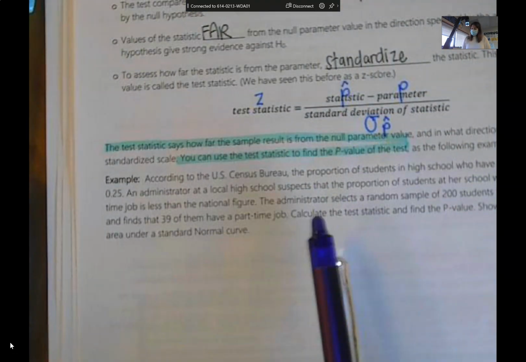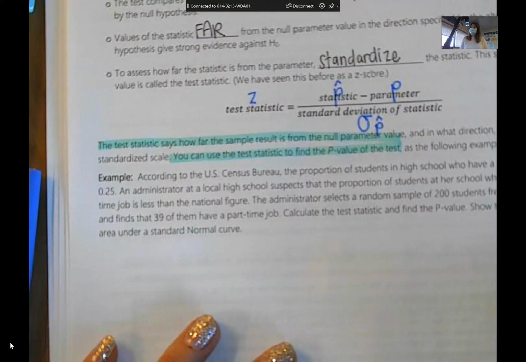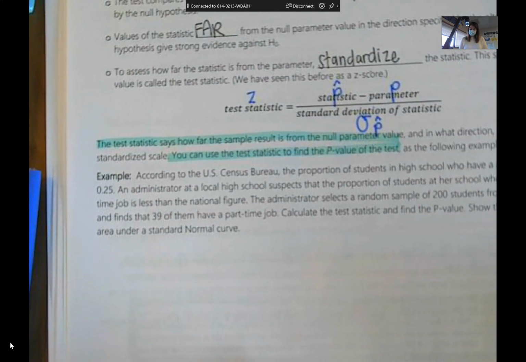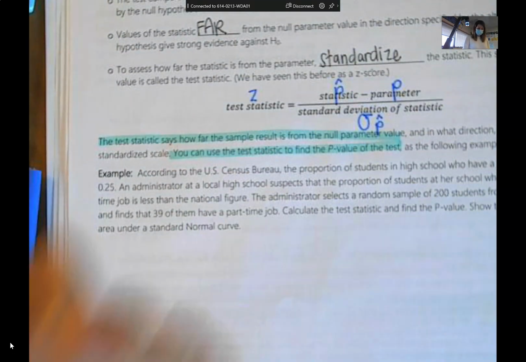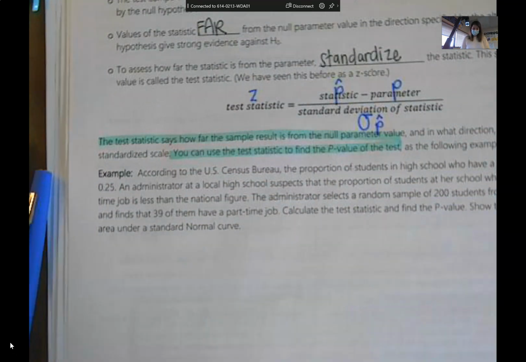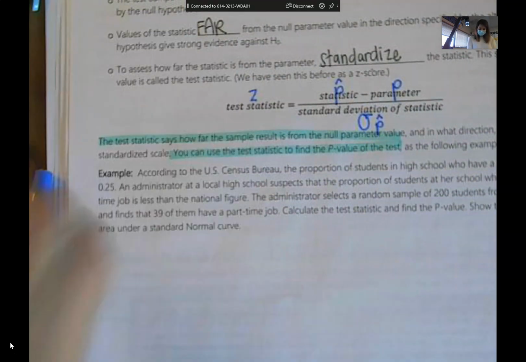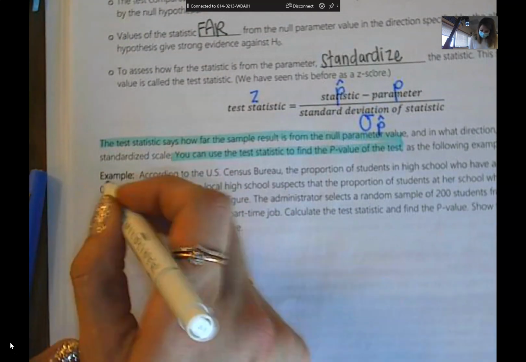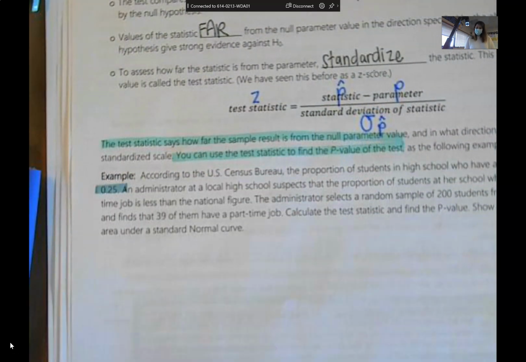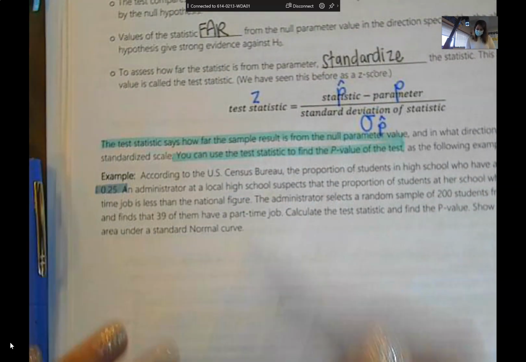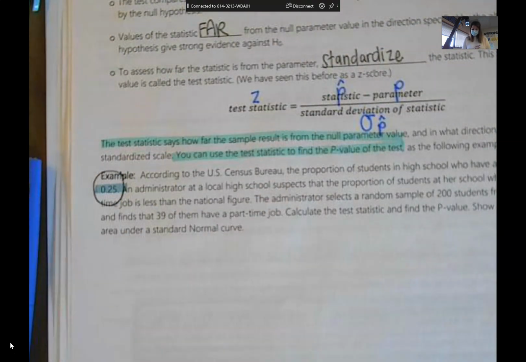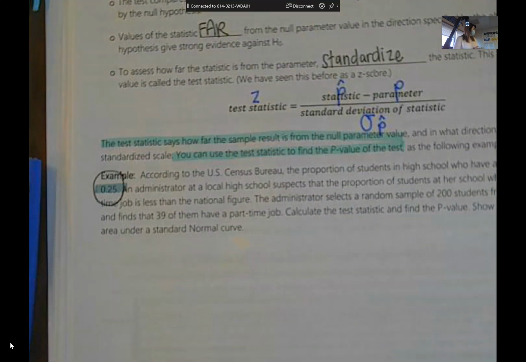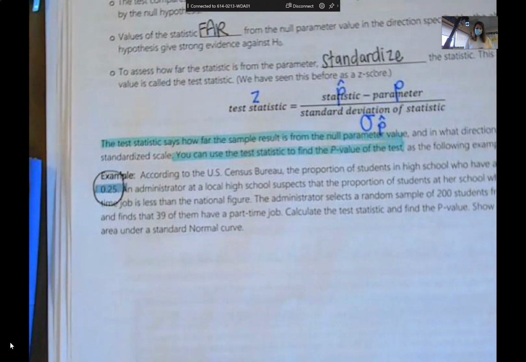So our first problem says, according to the U.S. Census Bureau, the proportion of students in high school who have a part-time job is 25%. So I'm going to highlight that. That's our first important value. An administrator at a local high school suspects that the proportion of students at her school who have a part-time job is less than the national figure.